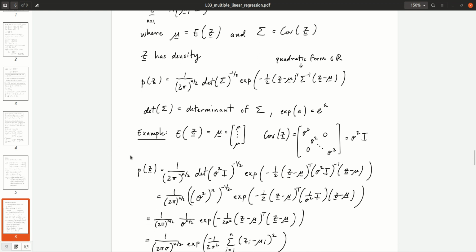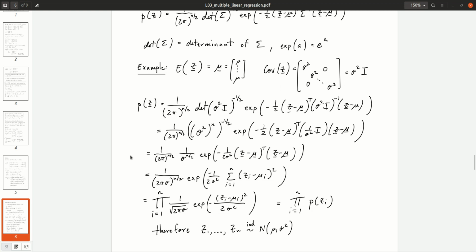All right, so let's look at an example to make this a little bit more concrete. We're going to take a random vector Z and say its expected value is the vector mu, which is just scalar mu all the way down. So each entry of vector Z has expected value mu.